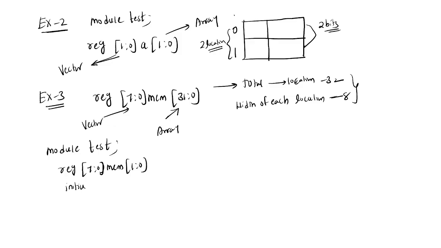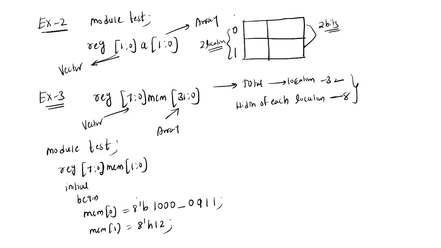Initial begin, mem[0] = 8'b10000111, and mem[1] = 8'h12. End module. Now, in total how many locations are there? 2 locations, each of 8 bits.